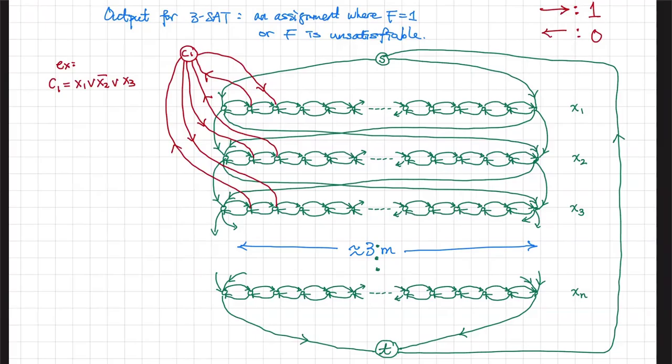If it's a negation, I flip the order: a node from the right goes to the clause, and then back to the node right before it on the left. This way, you can convert the formula to a directed graph, where if you can come up with a Hamiltonian cycle that picks up all the nodes with all the clauses, then your formula is satisfied.